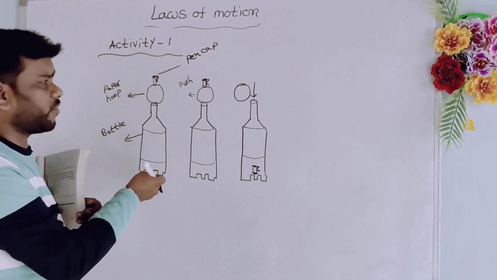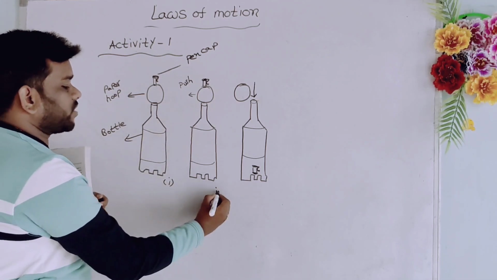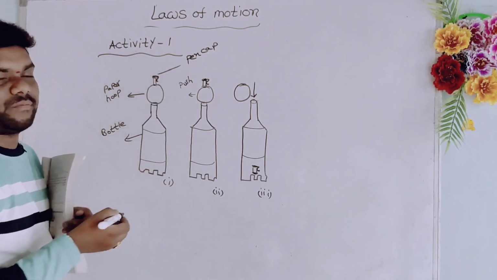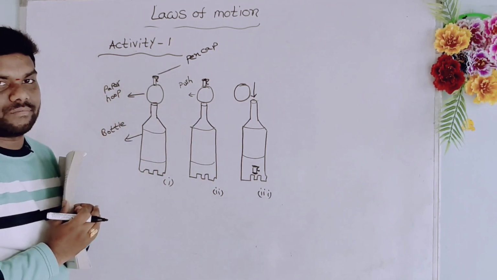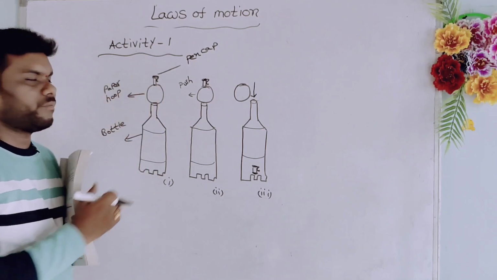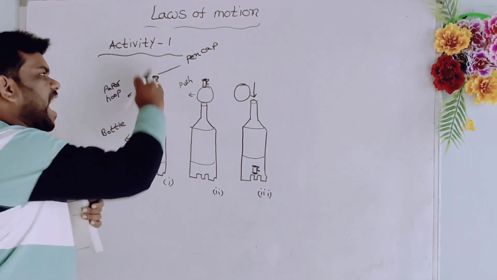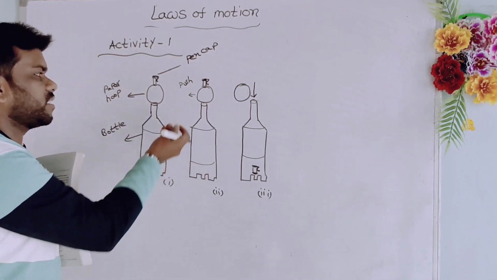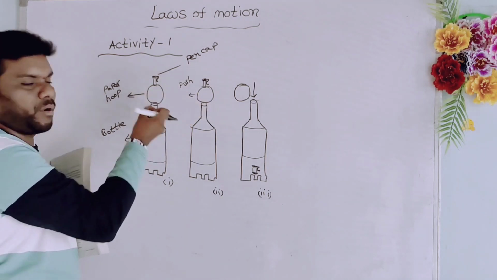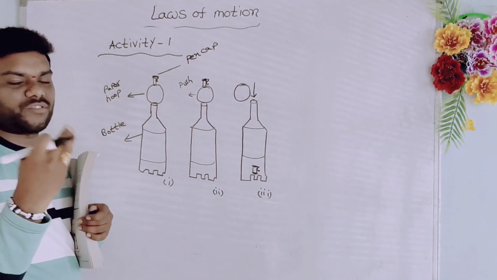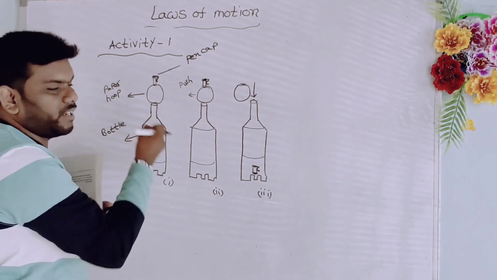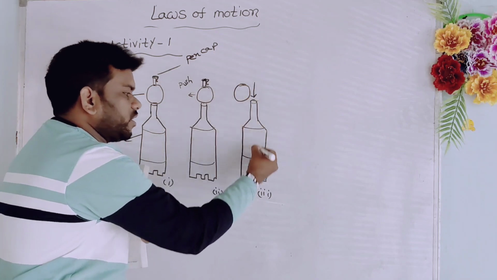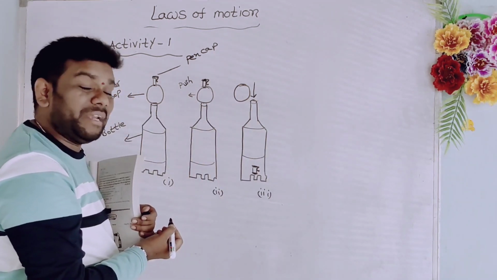So here is the first situation, this is the second situation, this is the third situation. In the first situation, take a bottle, place the paper hoop on the bottle, and place the pen cap on it so that it balances. In the second case, push the paper hoop with as much force as you can. Just like this, the pen cap will fall into the bottle immediately.